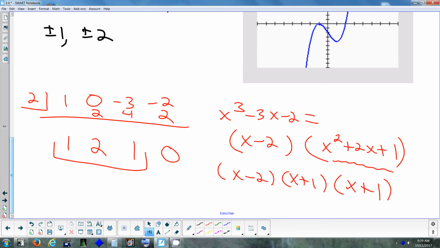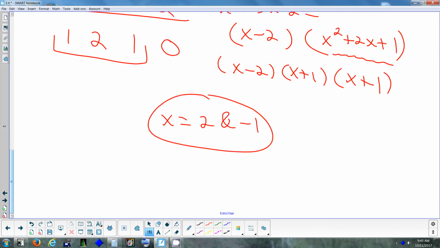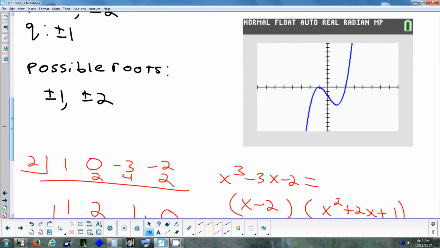So the whole key to this problem was we were able to find a rational root, divide through by it synthetically, and then factor it the rest of the way. So, what are my answers here for my roots? Yep. 2 and -1. What's special about -1? It's a double root. Remember, we talked about double roots.